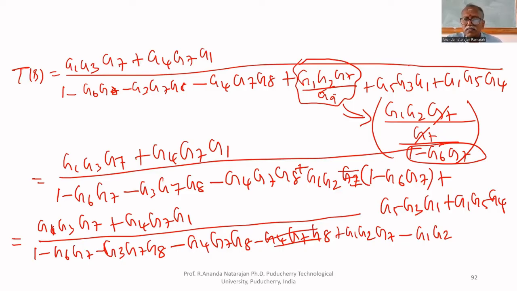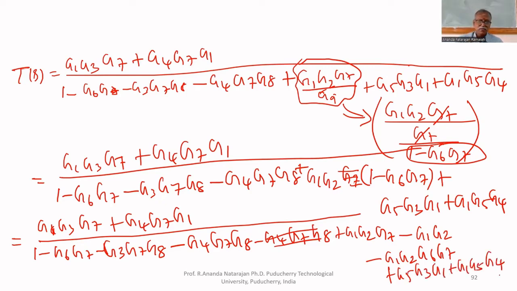G7 is cancelled, you know. That's why this G7 will not come. G1, G2 minus G1, G2, G6, G7 plus G5, G3, G1 plus G1, G5, G4.